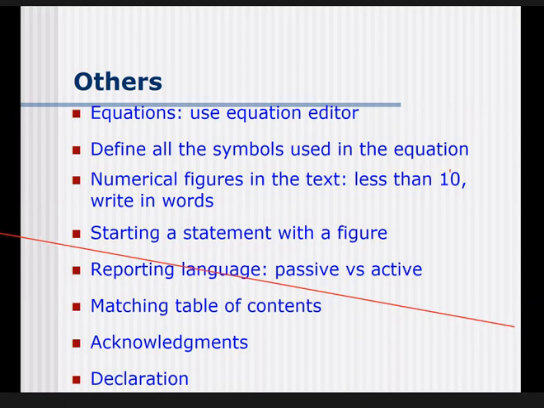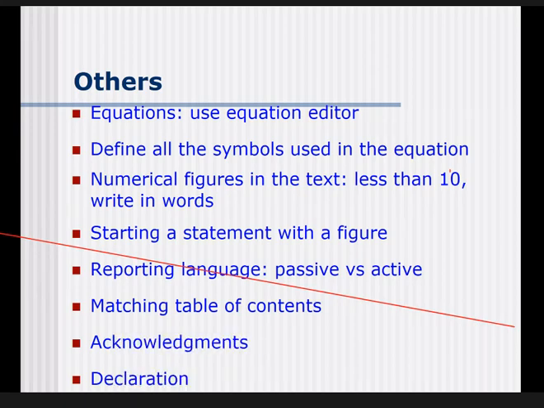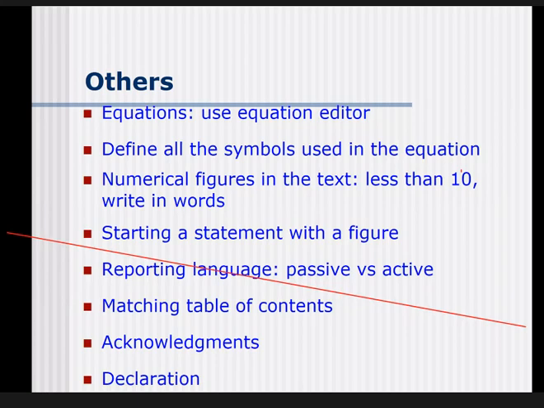Figures less than 10, it's better you write them in words. And when you are starting a sentence, don't start with a numerical figure like 3 animals. You write "three animals." When you are starting a sentence, please don't type a numerical figure. I don't know whether that one is clear. Starting a sentence with a figure.